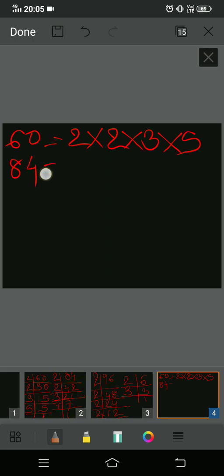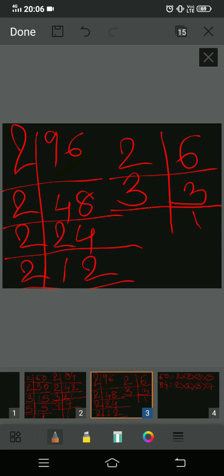84 is equal to 2 into 2 into 3 into 7. Fine, and next is 96. 96, 1 2 3 4 5, 5 times 2 has to be multiplied and then 1 time 3.